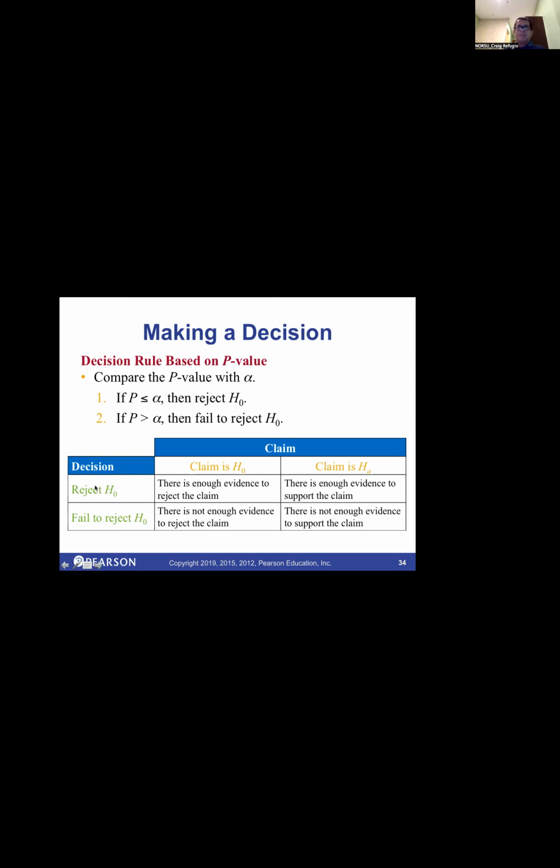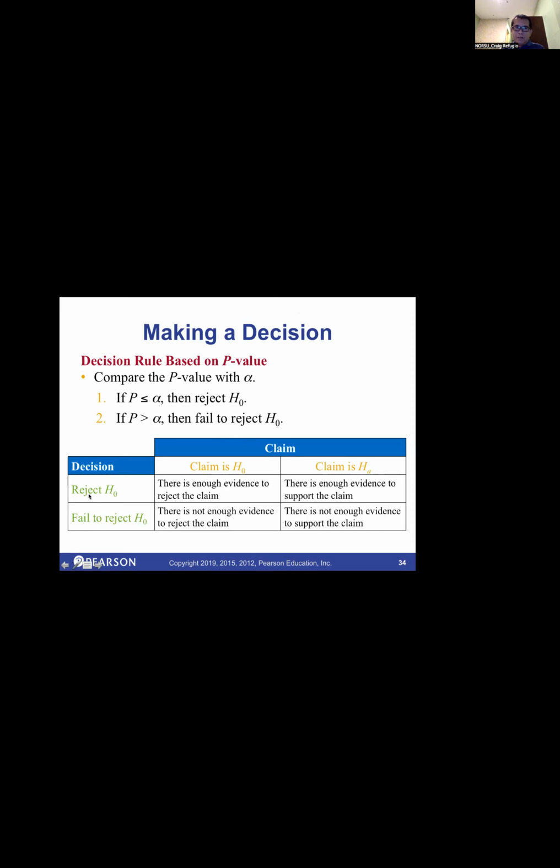As I mentioned earlier, there are two major decisions, reject HO or fail to reject HO. In the previous slides, earlier I mentioned that you're going to identify which one is the claim. Is it HO or is it HA? If the claim is HO, then we have this template in the second column. If the claim is HA, we have this template in the last column.